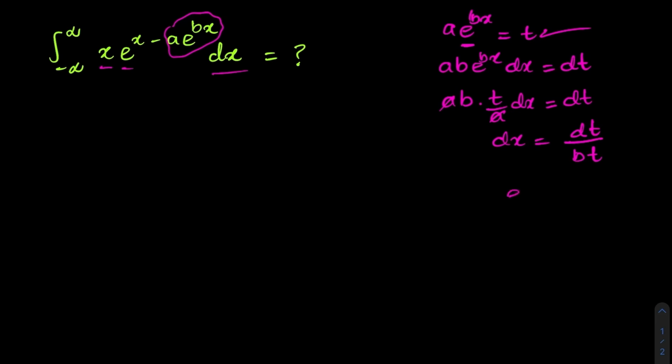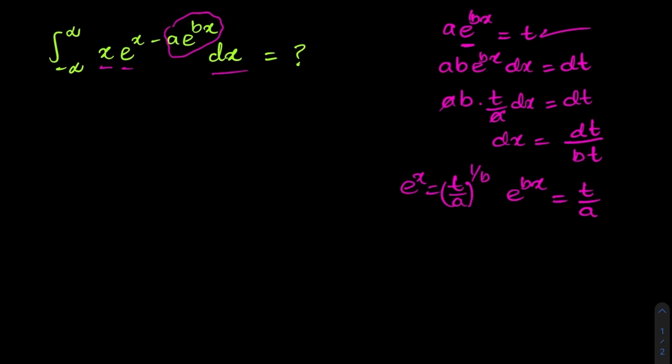So, we can isolate the e to the bx. e to the bx is equal to t over a. Then we know e to the x is equal to t over a raised to the 1 over b power, and also here we can isolate x.